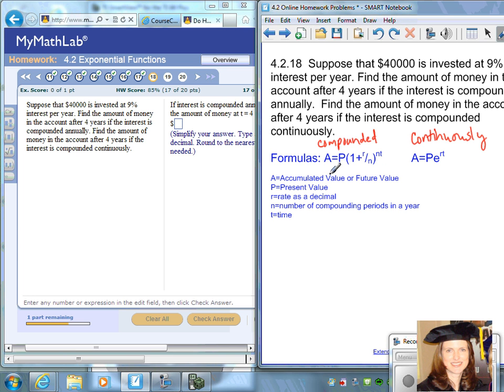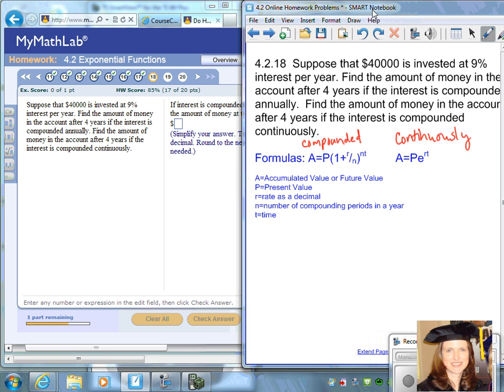So for the first one, we want to find the money in the account if it's compounded annually. We have a lot of numbers here. We're going to look at the numbers and decide what letters those represent in our formula. The first number I see is this 40,000. 40,000 is invested, so that means our principal, our present value, P, is equal to 40,000.